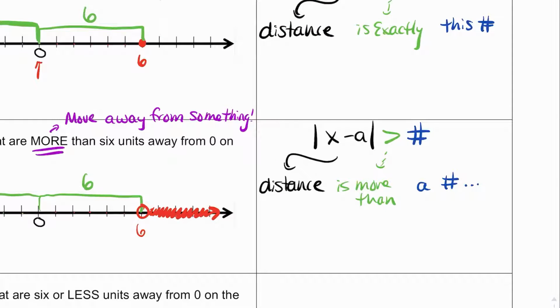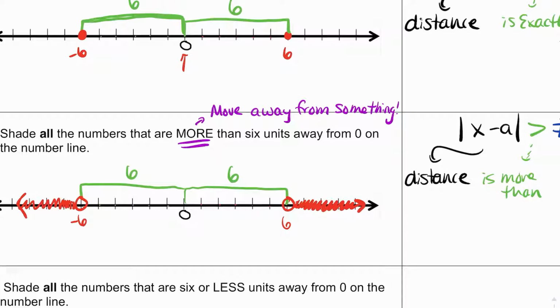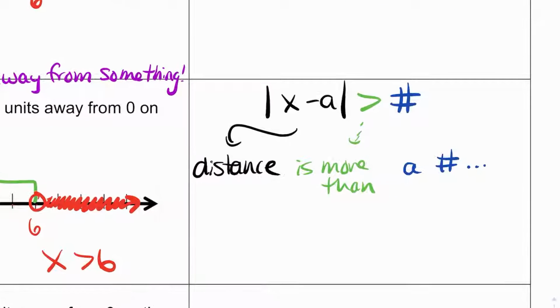In this case, it was 6. What we see is it creates an or graph. Those graphs go away from each other. I have all the x's that are less than -6, or I have all the x's that are greater than 6. So when I see that distance is more than something, this creates an or compound inequality.